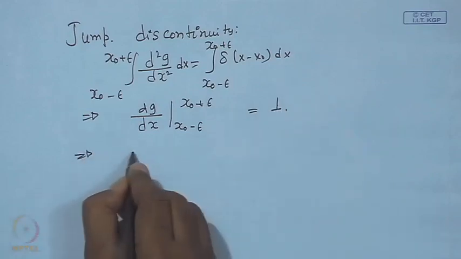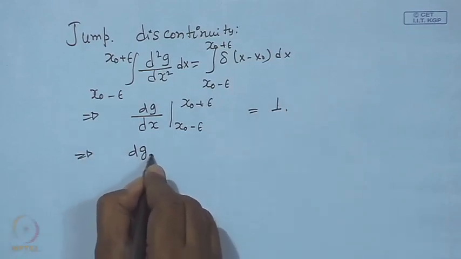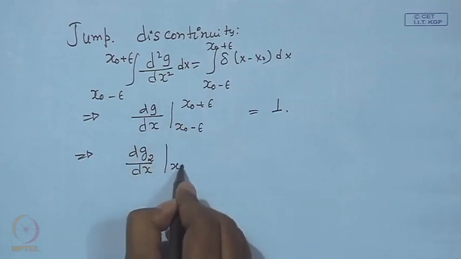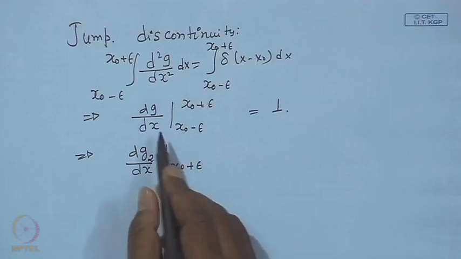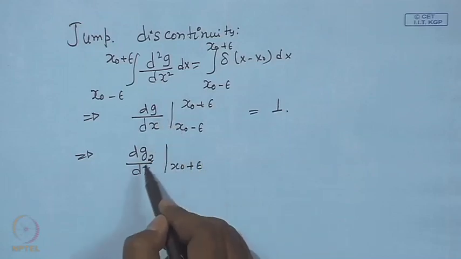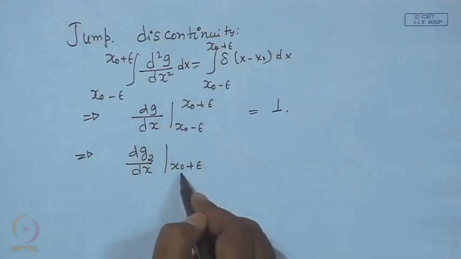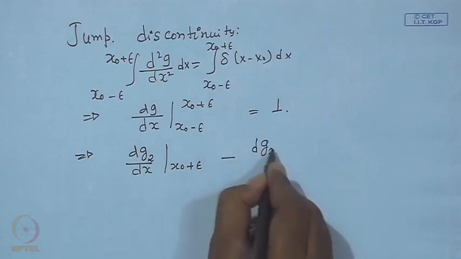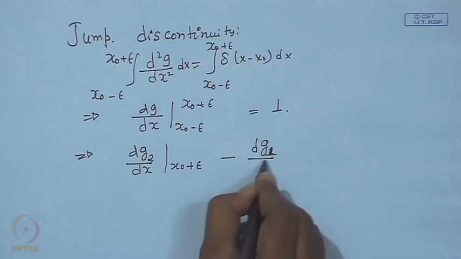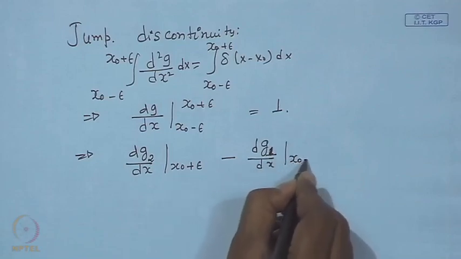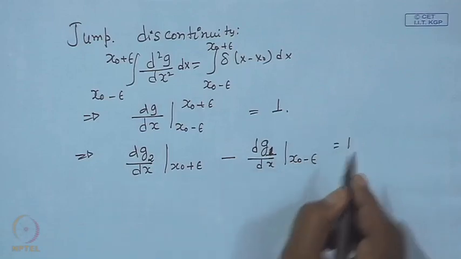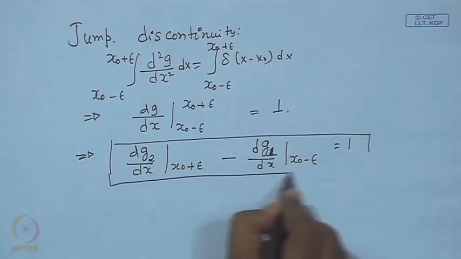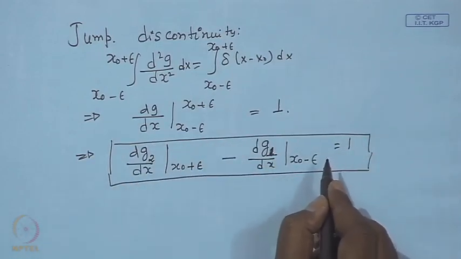And what is dg dx? This will be dg2 dx, the upper half solution, differentiated and evaluated at x naught plus epsilon, minus dg1 dx, the lower half solution differentiated and evaluated at x naught minus epsilon, is equal to 1. So, this gives the fourth boundary condition or the jump discontinuity condition.